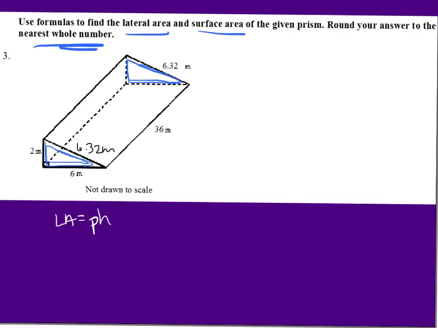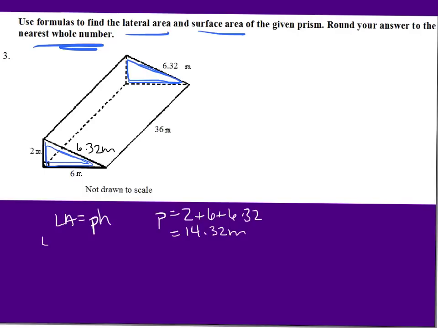So then my perimeter is 2 plus 6 plus 6.32, which gives me 14.32 meters.